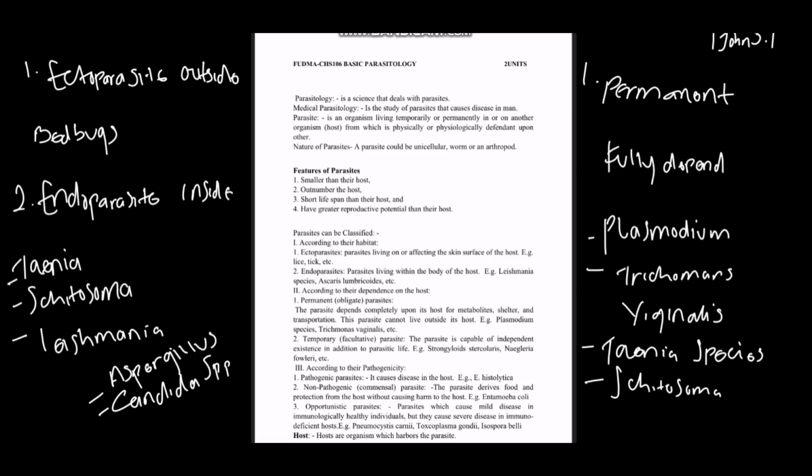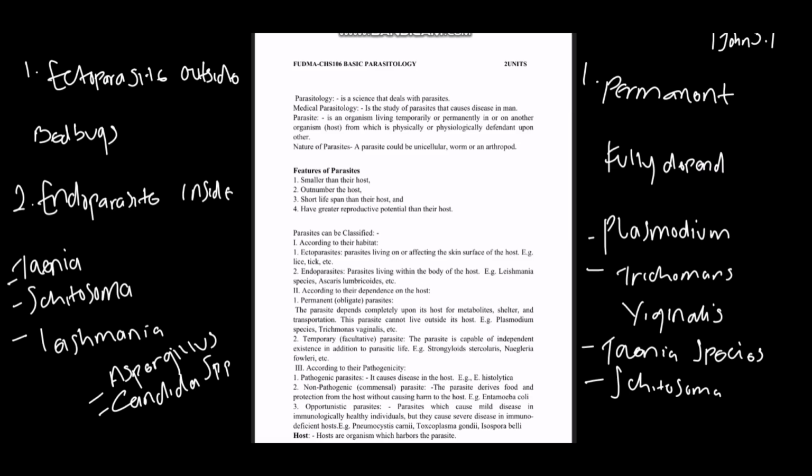Now we have classification of parasites according to pathogenicity, that is the ability of causing disease. That's where we have the pathogenic parasite, the non-pathogenic parasite, and the opportunistic parasite. The pathogenic parasites are parasites that cause disease. An example is the Entamoeba histolytica, which is responsible for causing amoebiasis, which is amoebic dysentery.